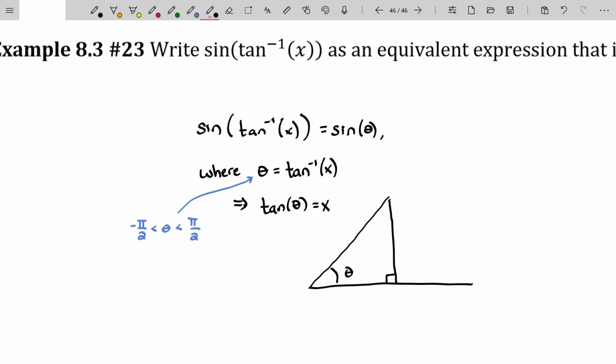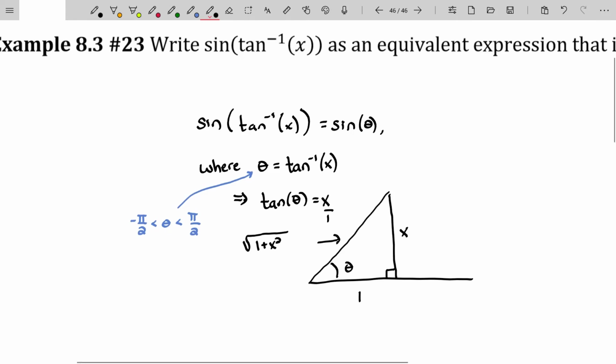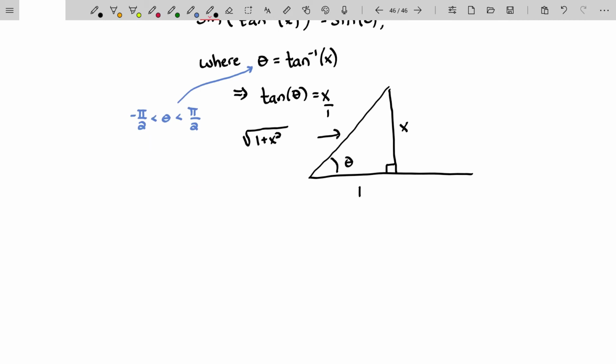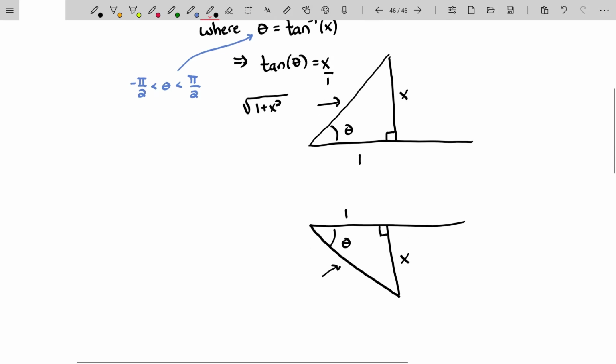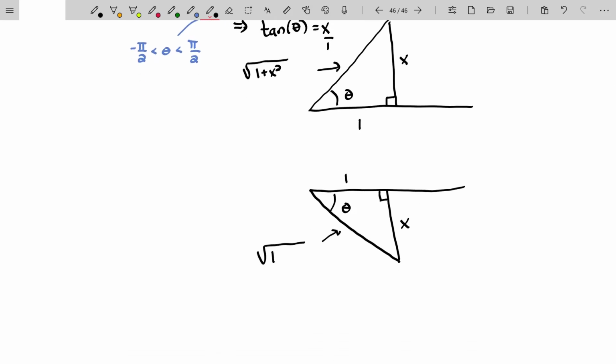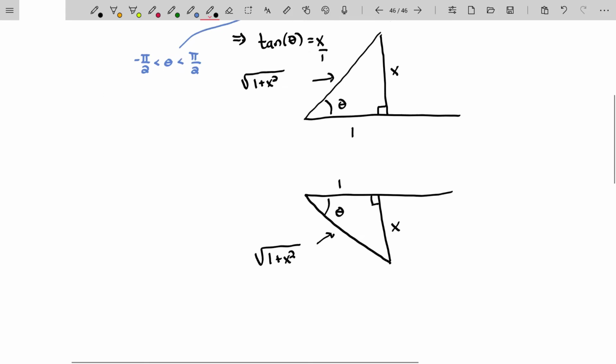In that case, the tangent of that angle is x over 1, opposite over adjacent, and the hypotenuse is the square root of 1 plus x squared. The other case is that the angle is in quadrant 4. Again, the tangent of that angle is still opposite over adjacent, and the hypotenuse is still the square root of 1 plus x squared.